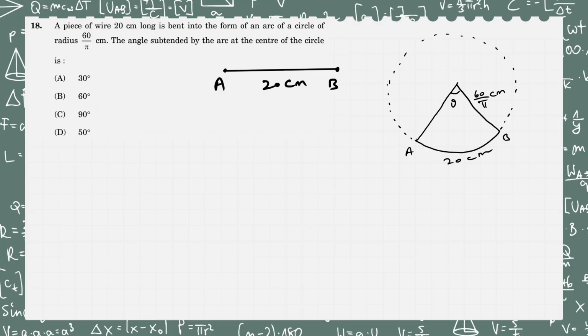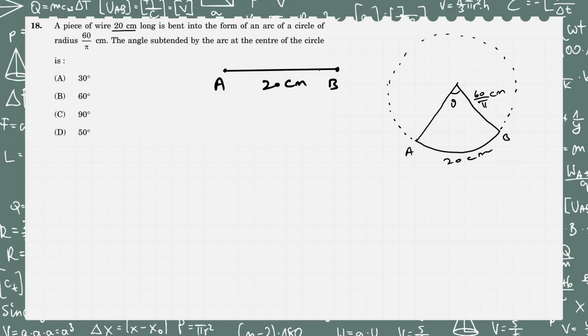A piece of wire 20 centimeters long is bent into the form of an arc of a circle of radius 60 by pi centimeters. The angle subtended by the arc at the center of the circle is, we need to choose which angle is correct. First, let us consider the wire. If AB is the wire given, whose length is 20 centimeters, that's given.